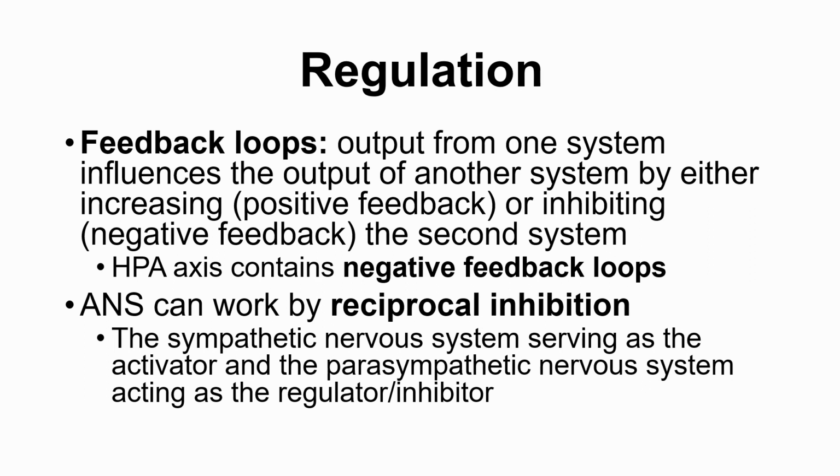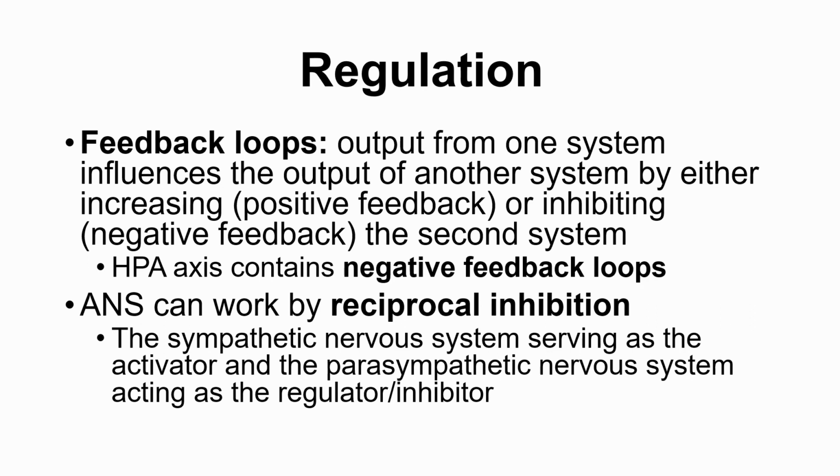So in a positive feedback loop, an increase in output from one system will cause an increase in output from another system. So as more stress hormones are released, maybe more other stress hormones would be released. That would be a positive feedback setup. In our negative feedback setups, that's when increased output from one system ends up inhibiting a second system.